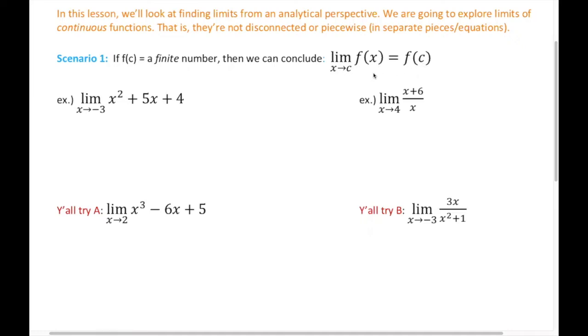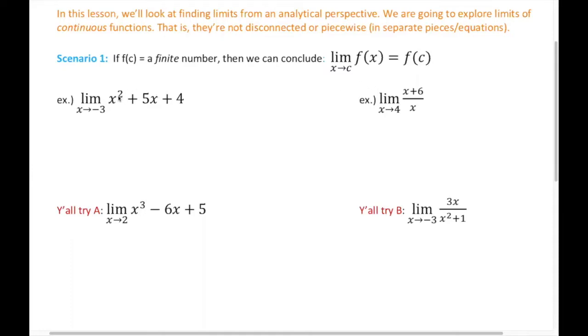Well, what does that mean in English? That means that in this scenario, the function value and the limit value will be exactly the same. So there are no holes where you're looking at the limit. There's no discontinuities, no funny stuff. How do you tell?